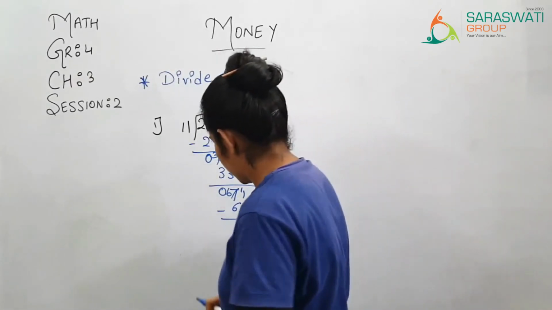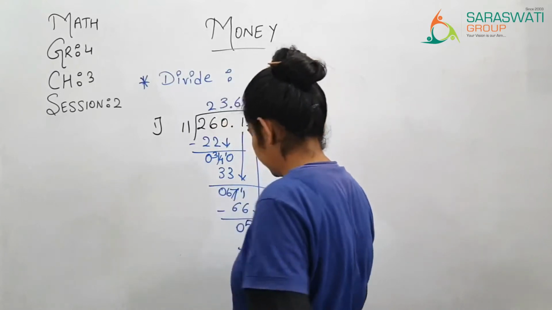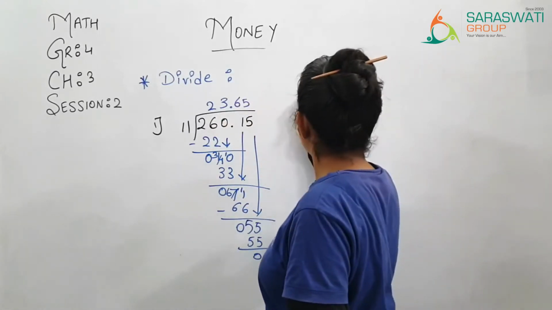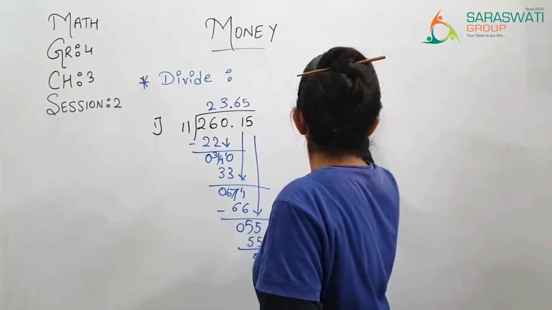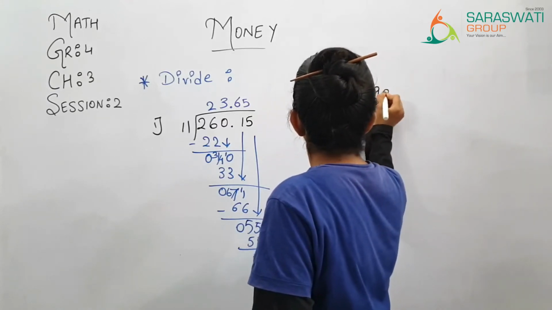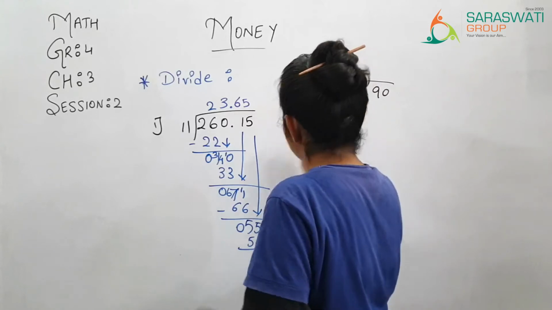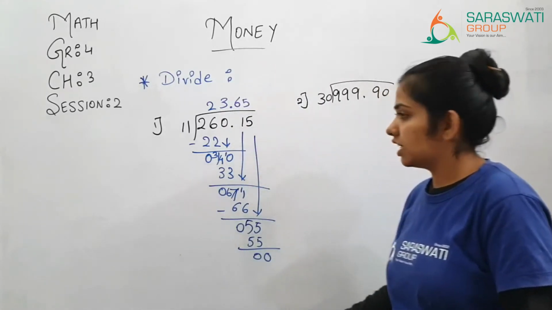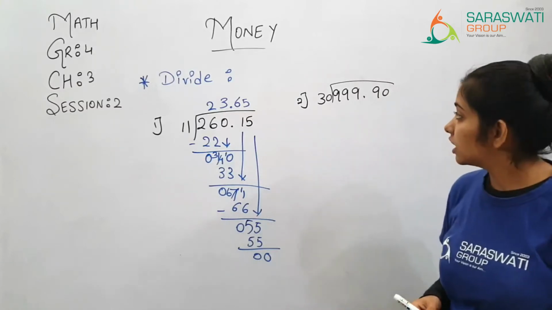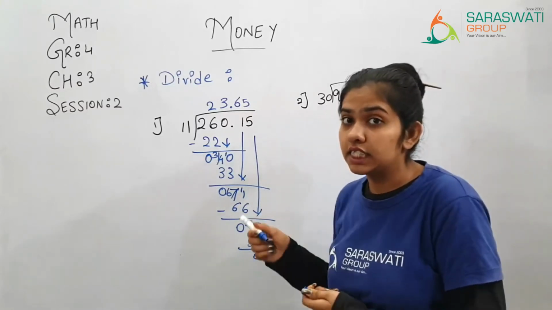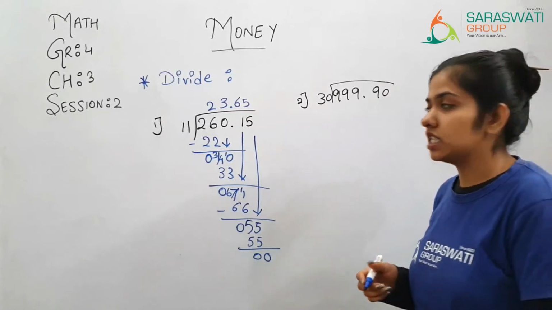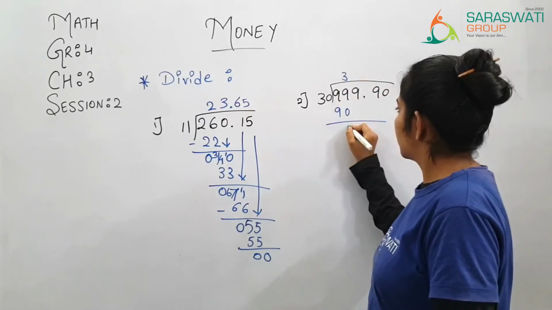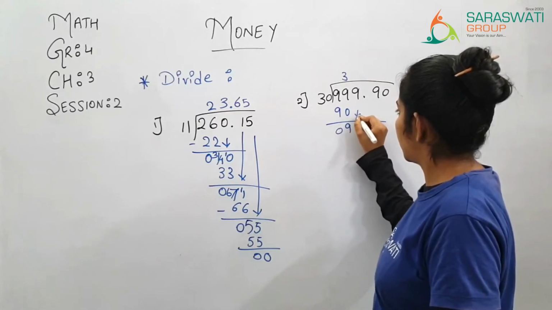So now let us solve another one. 999.90 divided by 30. So 30 ones are 30, 30 twos are 60, 30 threes are 90, 30 fours are 120. So 30 threes are 90, 9 and 0. Again 9.